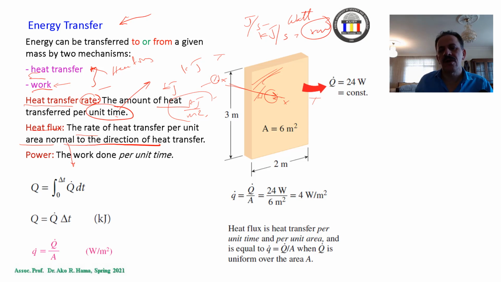Now this will give us watt, how many watt have been transferred from point 1 to point 2. This is called the heat transfer rate. But the heat flux is the kilojoule per meter square of this area. So how much will it be?